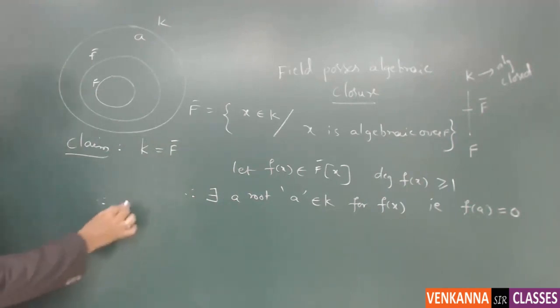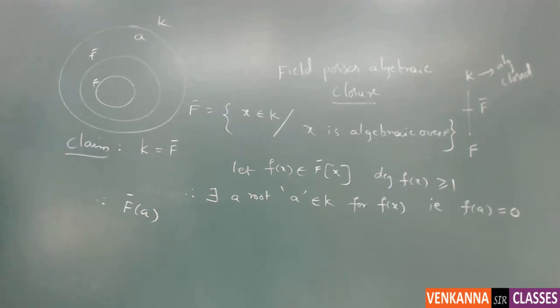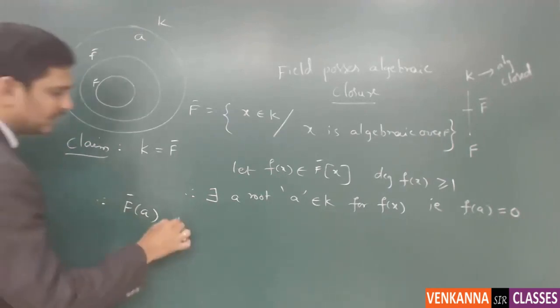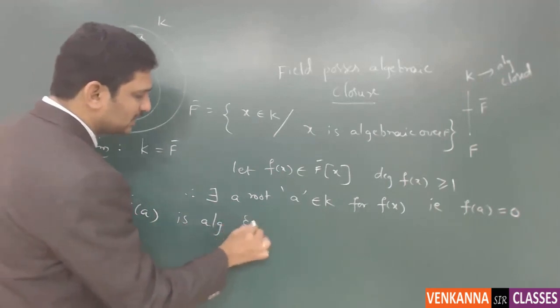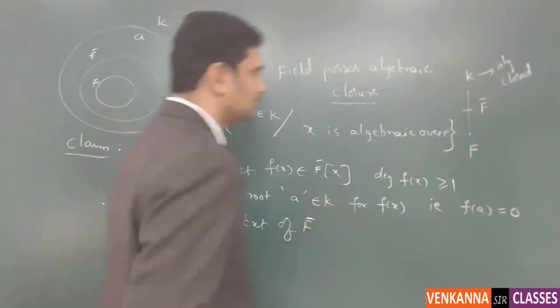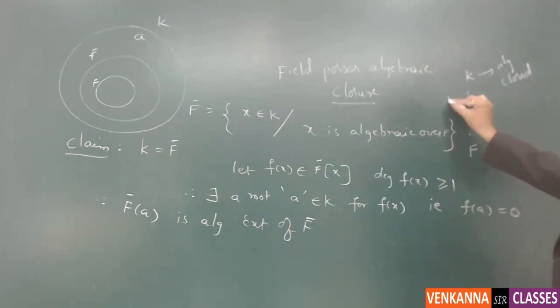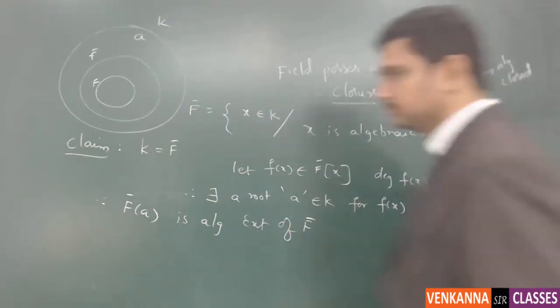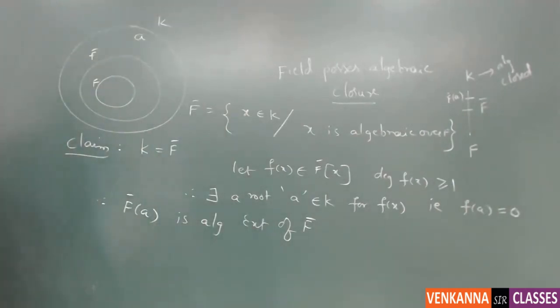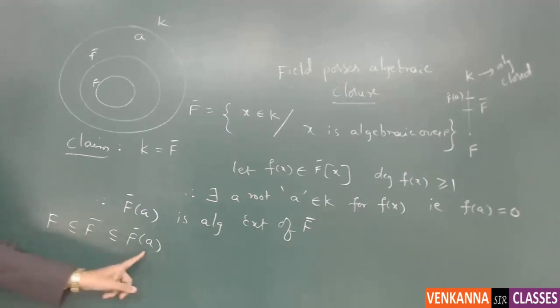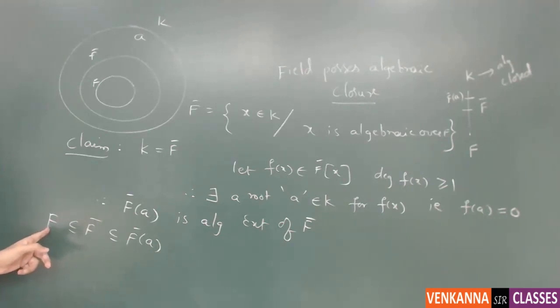Therefore, we can say that F bar(A) is an algebraic extension of F bar. You have one more hierarchy, F bar(A). So you need to understand like this: F subset of F bar subset of F bar(A). As we know that this is algebraic over this, automatically the same element will be algebraic over F also. Do you accept it or not?